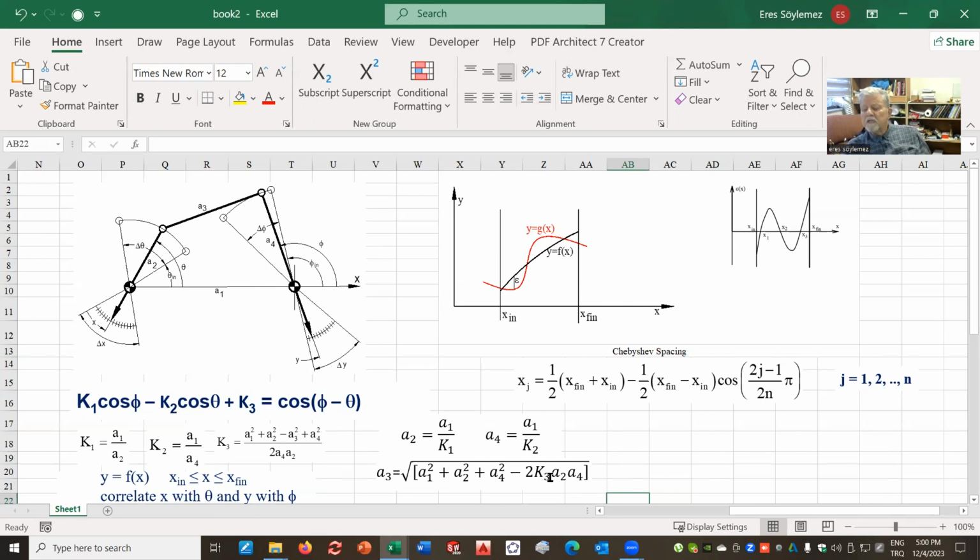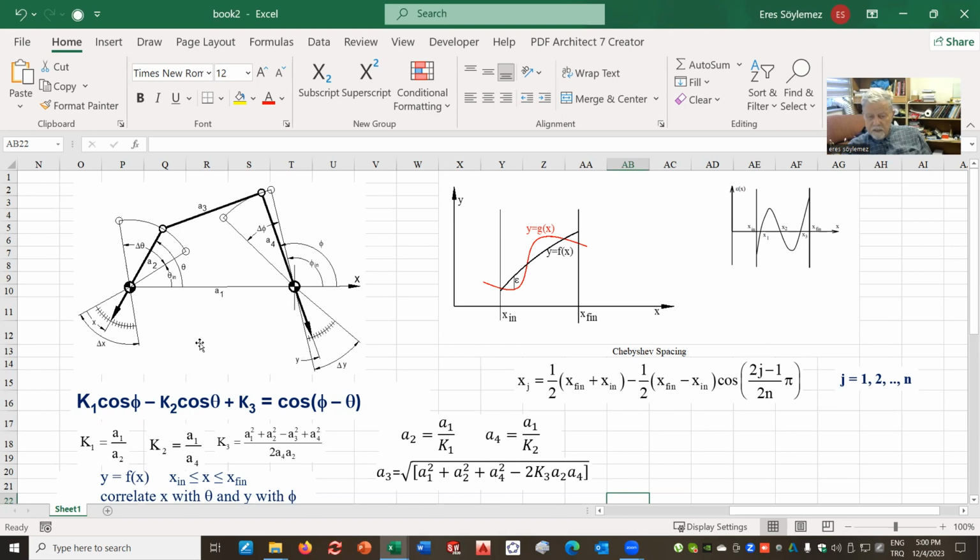Number one, in terms of these equations, notice A3 can turn out to be imaginary, in which case this mechanism does not exist. Or you have defined these 3 positions. The four-bar mechanism for this crank angle can be assembled in 2 different forms. This form we call open form.